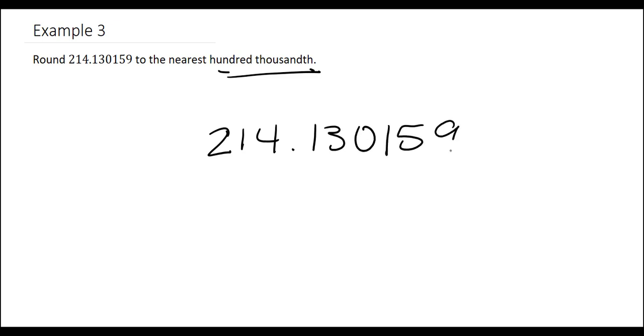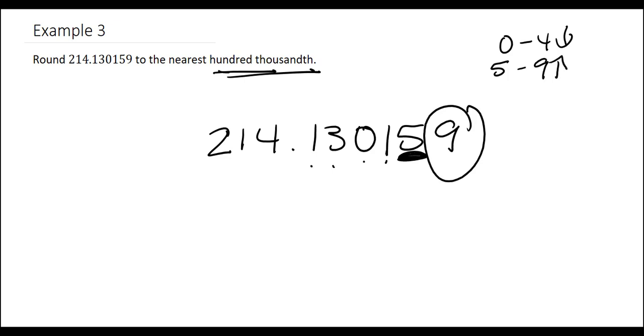Example 3, round this number to the nearest hundred thousandth. Let's rewrite it. We have our tenths, hundredths, thousandths, 10,000ths, 100,000ths. Let's underline that and circle the digit to the right of it, which indicates whether we round up or down. 0 to 4, we round down. 5 to 9, we round up.